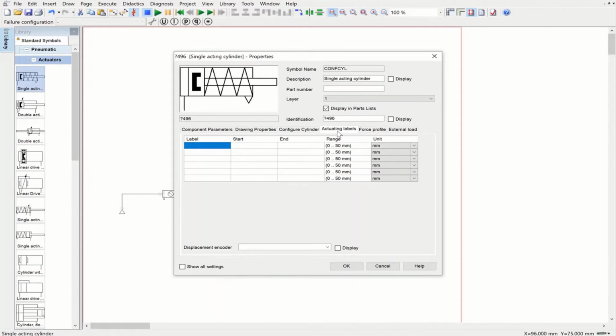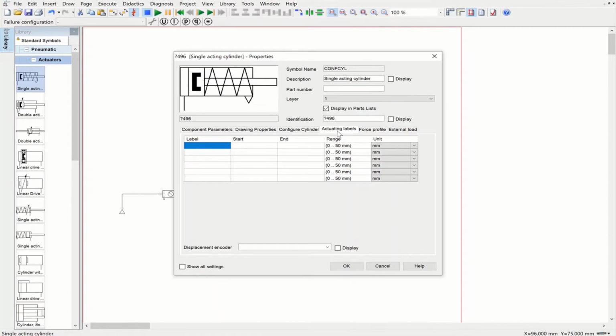In the near future in this course we are going to look at the displacement step diagram, and over there we will see how we can connect the motion of the single acting cylinder and the position of the piston to different steps and sequences for a certain industrial application.